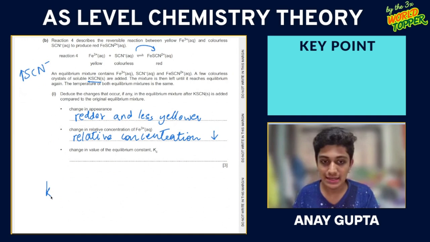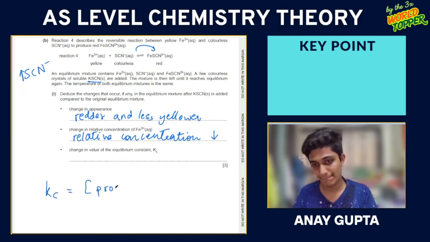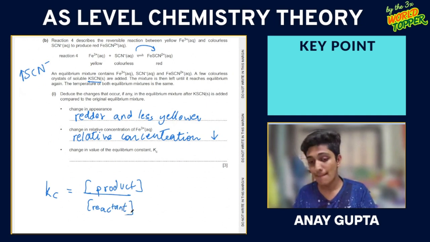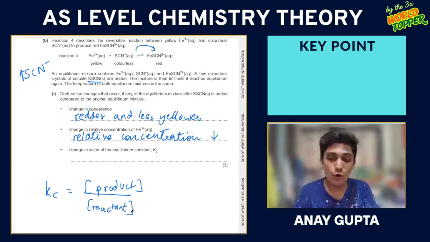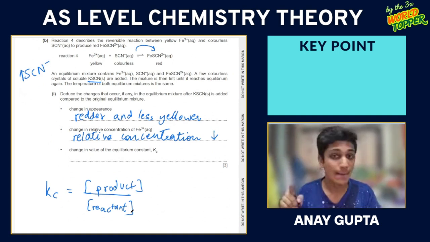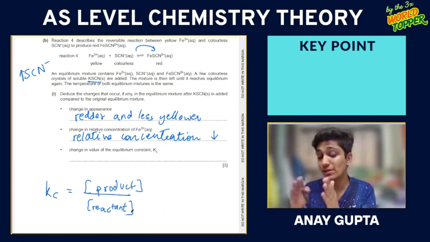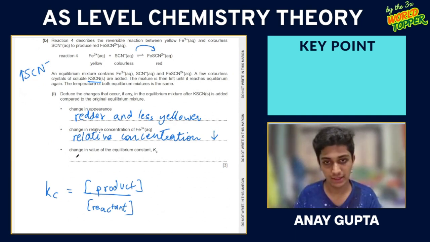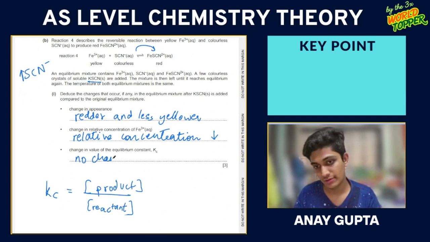The change in the value of the equilibrium constant Kc. Now Kc is always given by products over reactants. There are two reactants, so I will have SCN- and Fe3+ in different brackets here, but Kc only changes if there is a change in temperature. Because the temperatures of both equilibrium mixtures are the same, there will be no change in the value of Kc.